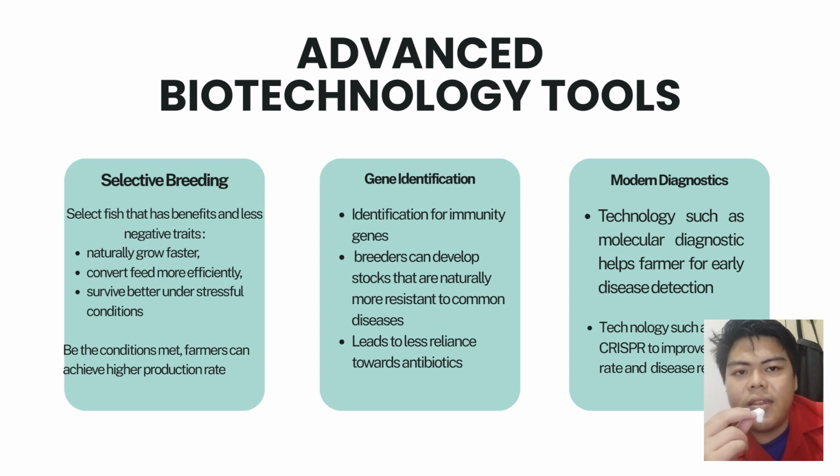Detection in the early stages is very important for fast response, better management, and less spread of disease, which can lead to fewer losses for farmers. As I mentioned, CRISPR is being further explored and researched for growth rate and disease resistance in the future.